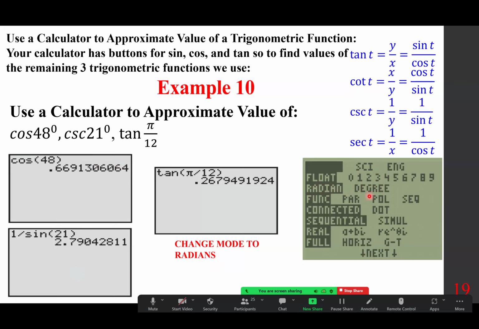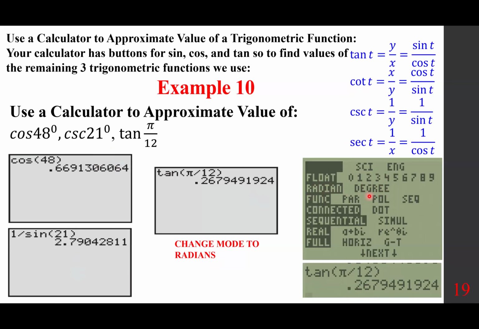As an example, tan of pi over 12 is 0.272679, and it continues indefinitely.